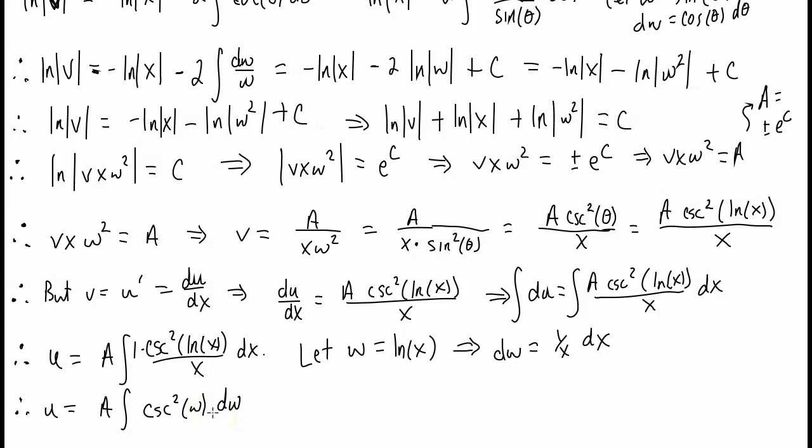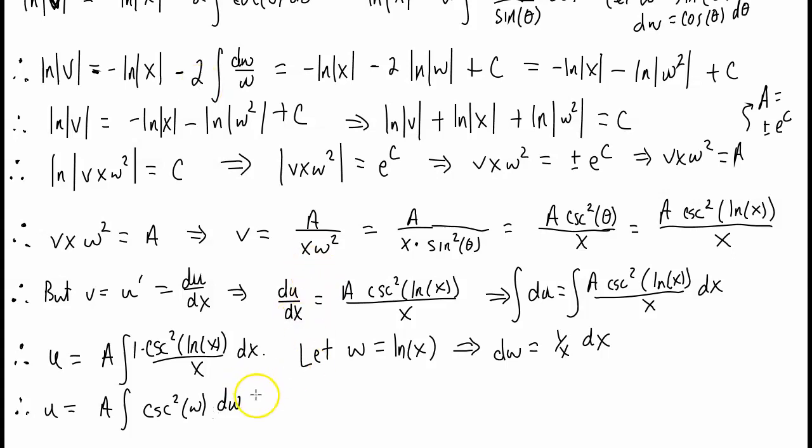Now, if you remember, whenever we take the derivative of cotangent, the derivative of that is negative cosecant squared of whatever. So of course, if I'm having to take the antiderivative of positive cosecant squared, then that's going to be negative cotangent. Okay.